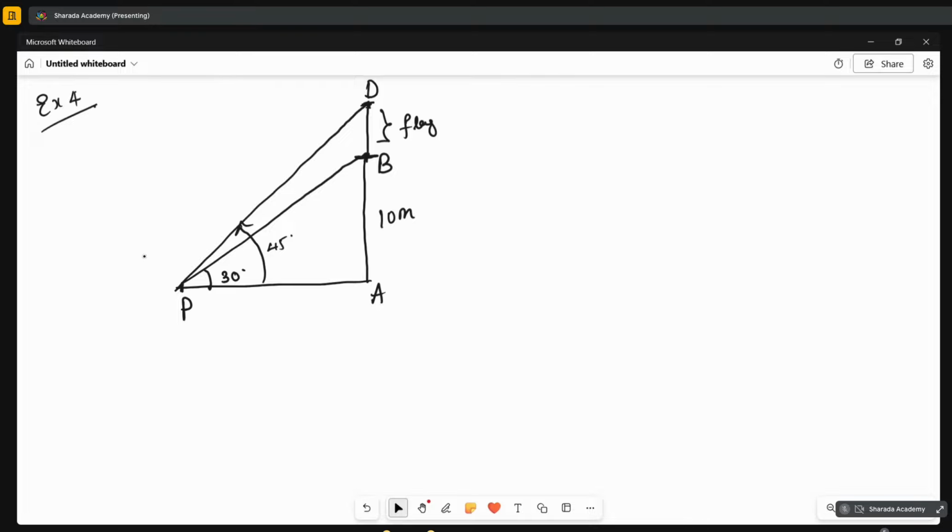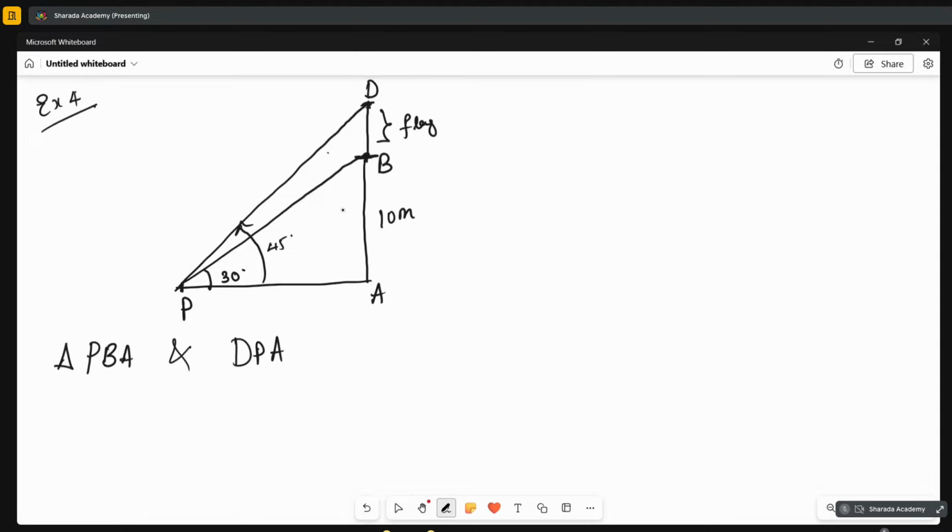Which two triangles do I have to take here? Some people will make the mistake of taking the wrong part.